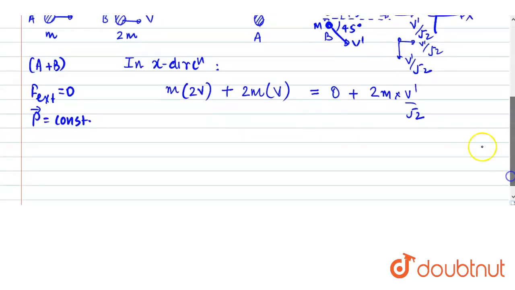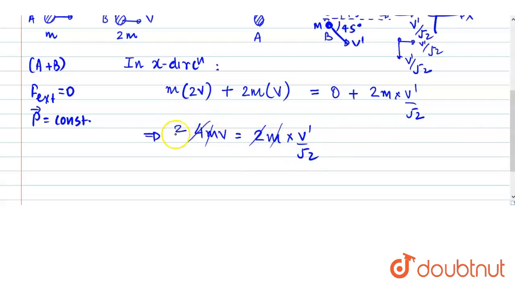So we can see that this is 2mv plus 2mv, which is 4mv, equals 2m into v dash by root 2. From here v dash value will become 2 root 2 times v.